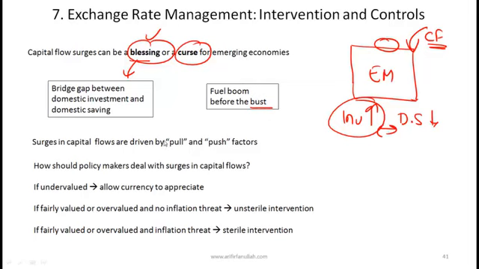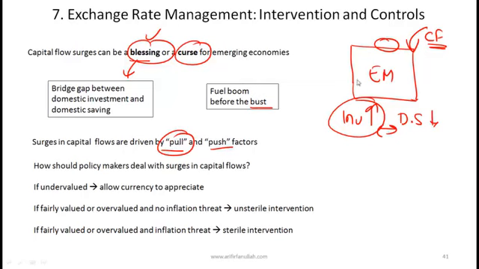And we need to recognize that these surges are driven by a combination of pull factors and push factors. Pull factors have to do with variables within our economy. So on this, I would suggest that you take a careful look at the 12 bullet points at the start of this segment.